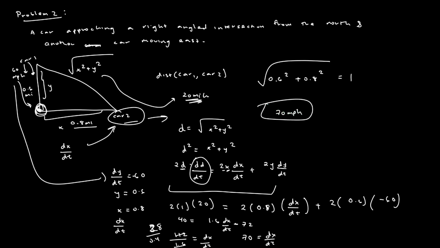Let's do one final example. In this case, we have a tank that looks like an upside down cone, and water is entering the tank. Water enters at a rate of 9 feet cubed per minute.